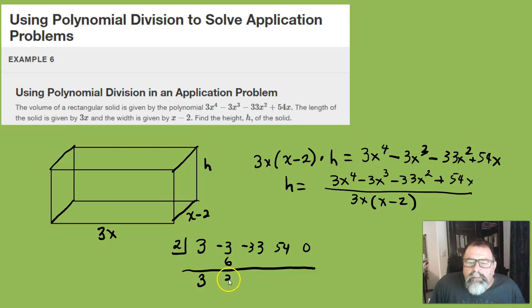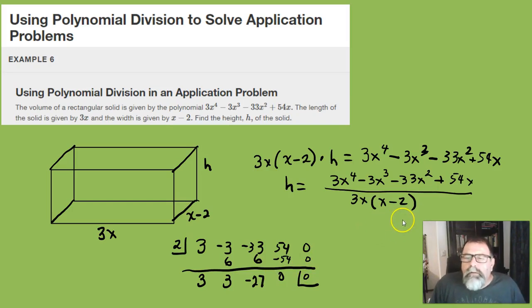Negative 3 plus 6 is 3. And then that'll be 6 again. So negative 33 plus 6 is negative 27. Times 2 is negative 54, which gives 0. 0 times 2 is 0. So again, it goes in evenly.